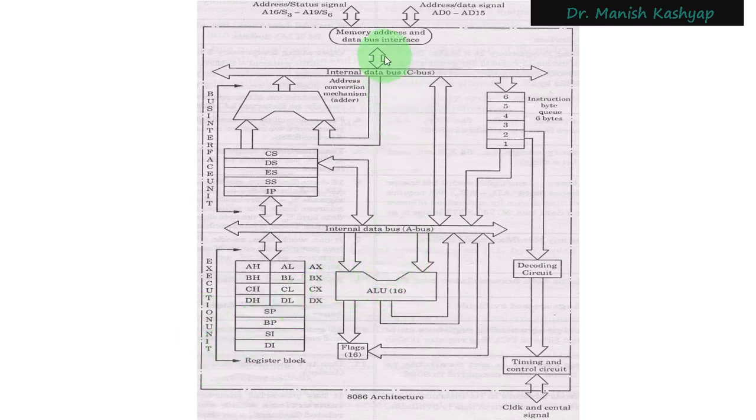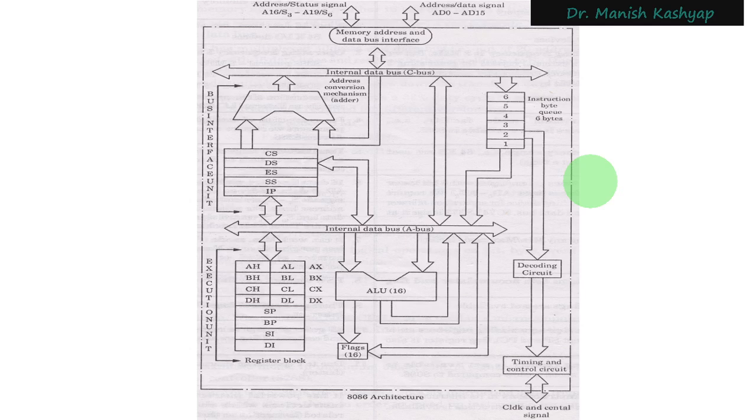So then you have this memory address and data bus interface. Obviously, there will be some pins, and here also the address and data pins are multiplexed with each other. We will see when we study the appropriate pin diagram how these are interfaced, how these are multiplexed, and what latching mechanism like 8085 is used here, right?